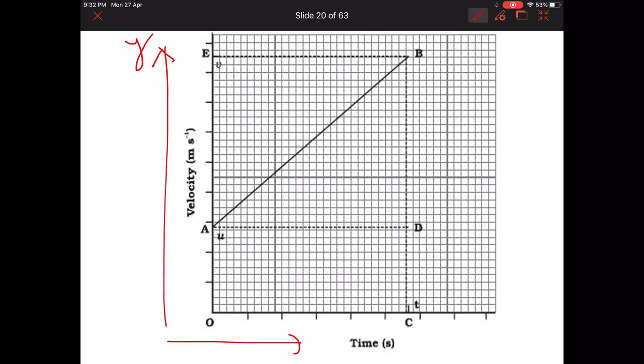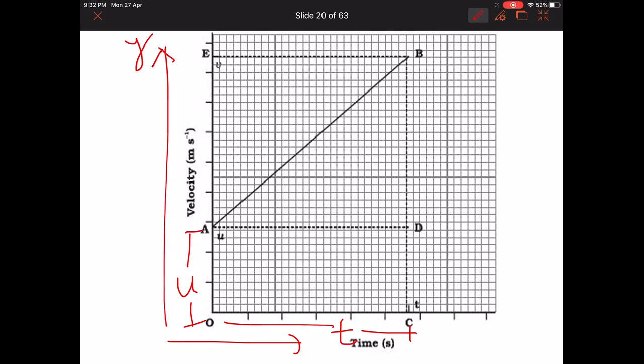So now let us learn how to read the graph. In this case, we have considered that there is an object, a body which is initially traveling with a velocity of u. So this distance AO, let's say, is the initial velocity with which the body is traveling. And after traveling for some time, let's say the x-axis is the time, so OC becomes the time.